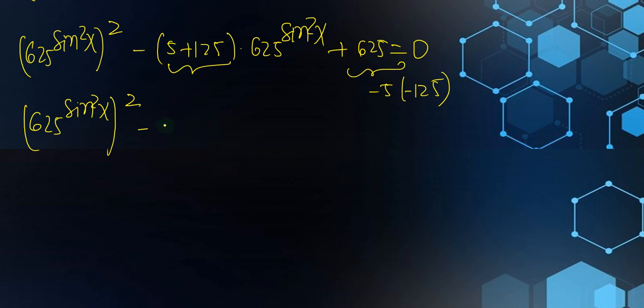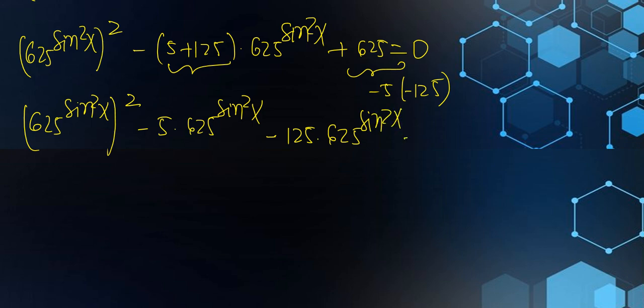So I'm going to have minus 5 times 6 to 5 to the sine square x, and then minus 125 times 6 to 5 sine square x, and then plus, and then this one here I'm going to write as 5 times 135, and then this is equal to 0.